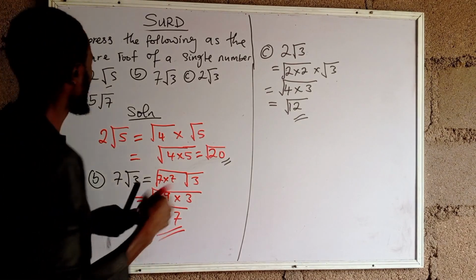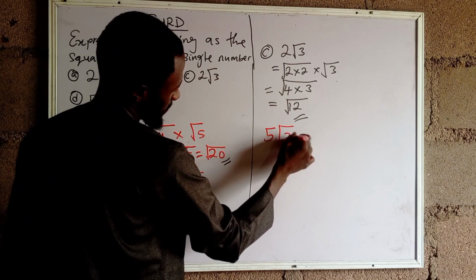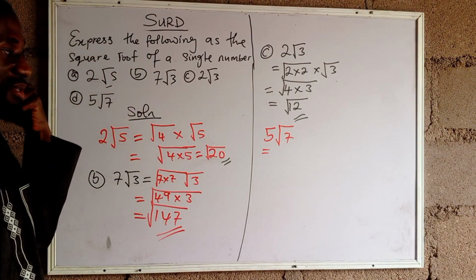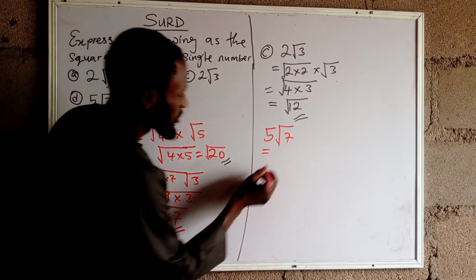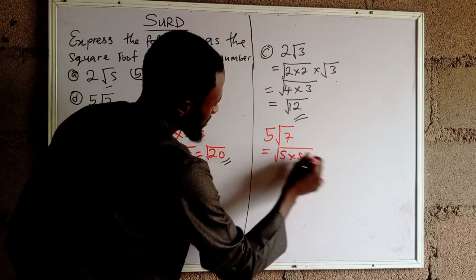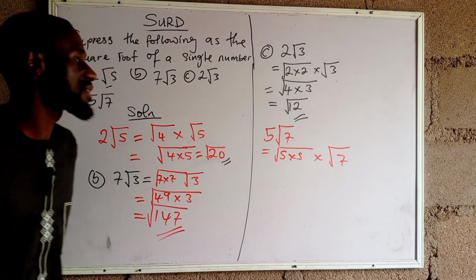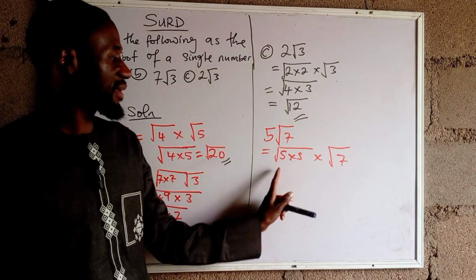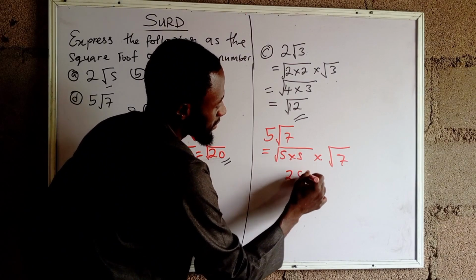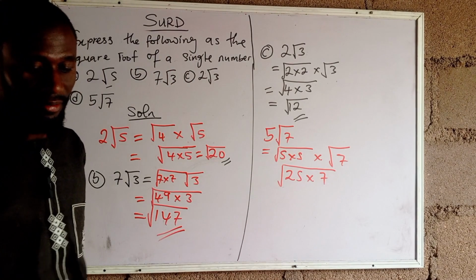Then let's take the last question here, which says 5 root 7. Let's simplify 5 root 7. Here is 5 times 5, that is the perfect square as we learned before. If you multiply 5 times 5, you get 25, times 7, all in the same umbrella.